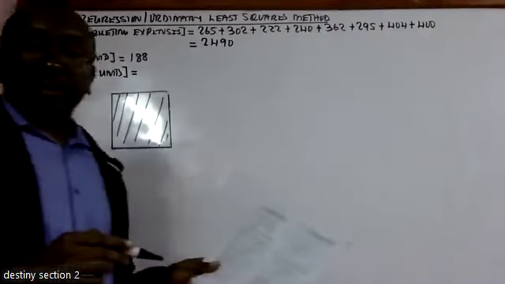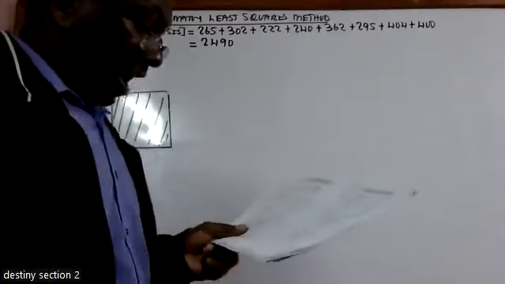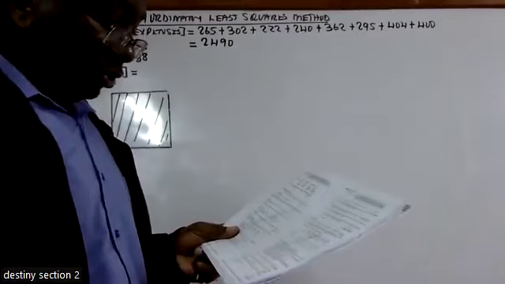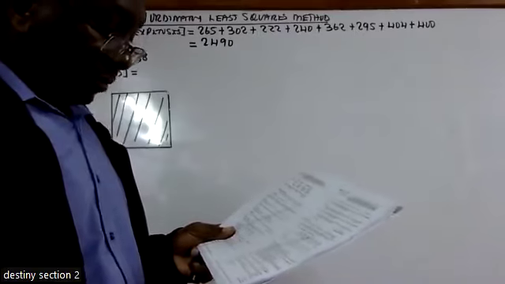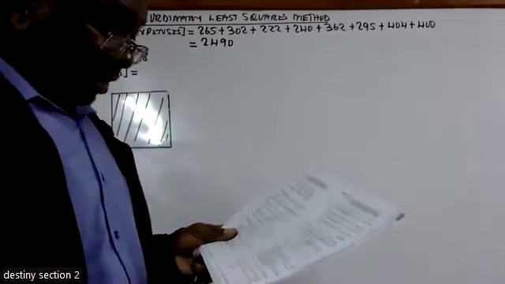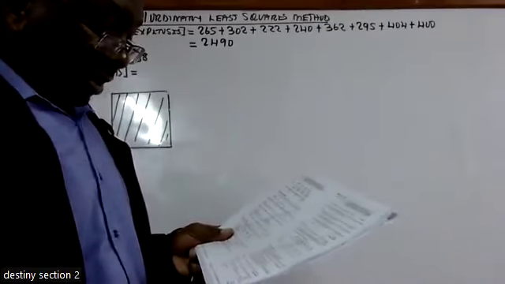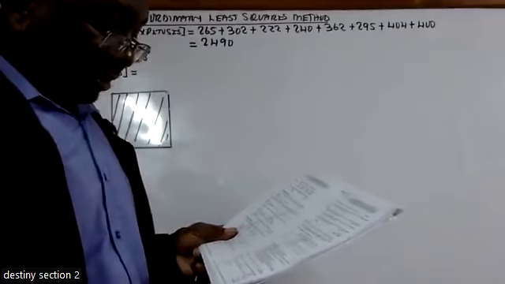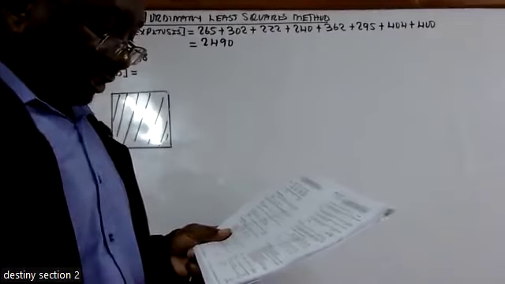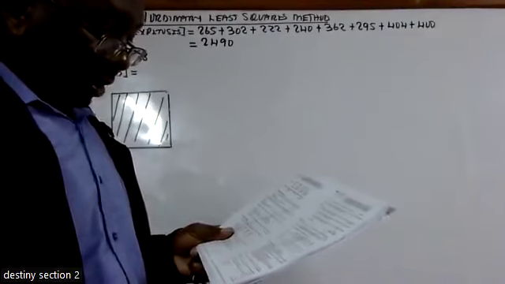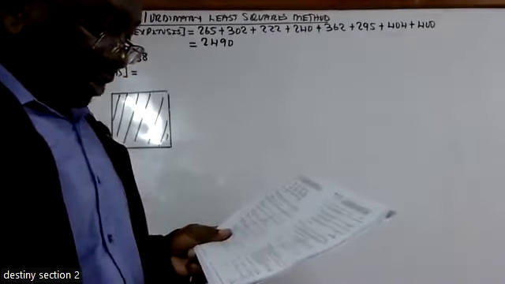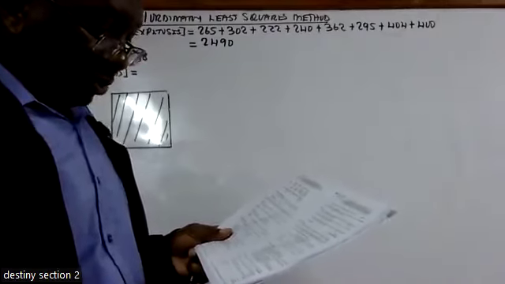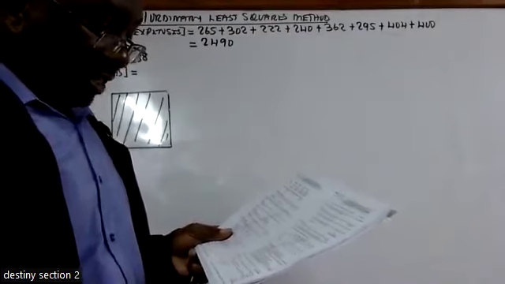Okay, put it in the calculator, let's move together, say 265 times 20 plus 302 times 24 plus 222 times 16 plus 240 times 18 plus 362 times 26 plus 295 times 22 plus 404 times 32 plus 400 times 30.